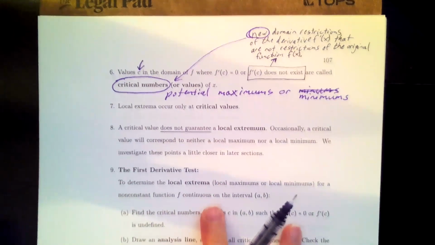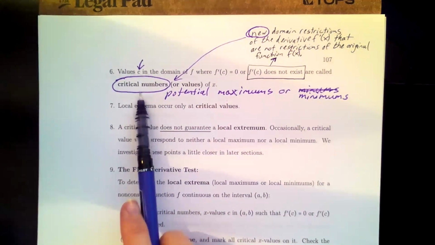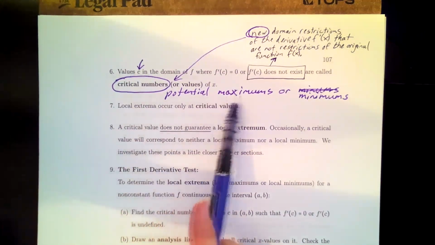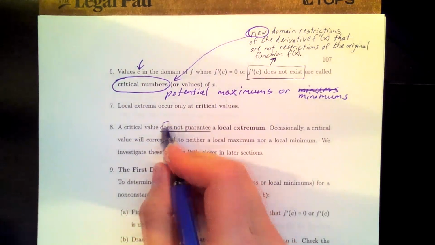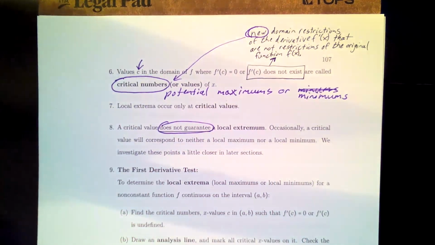The only kink in this is that if you get a critical number, I say they're potential maxes and mins because there's not a guarantee that they're actually going to give you a local max or min. You can think of a critical number as being a point of interest. You might find x equals 2 is a critical number.